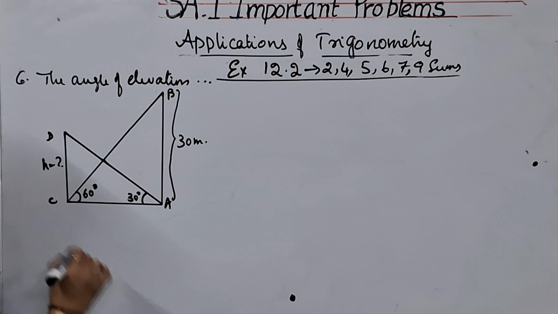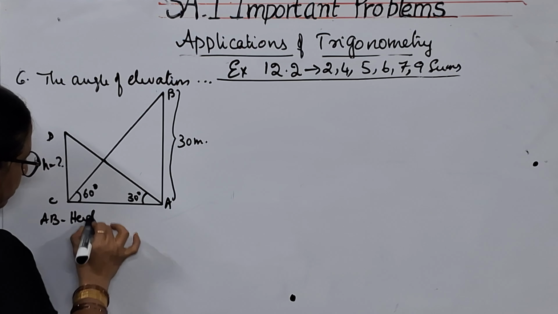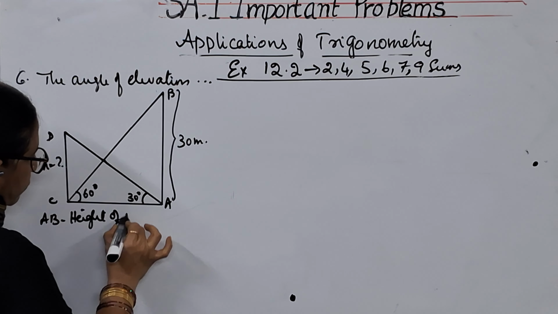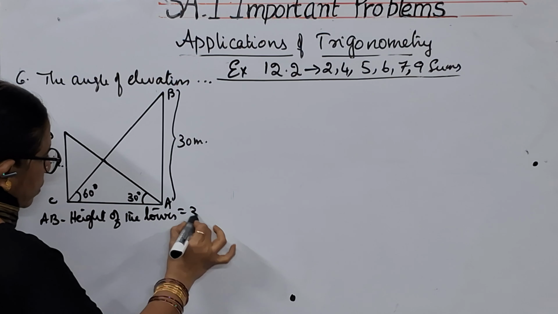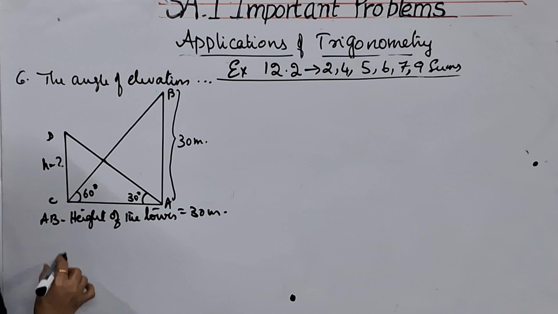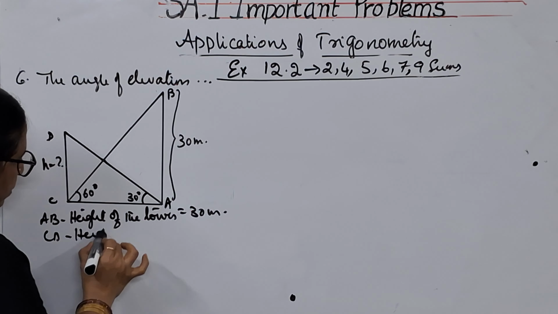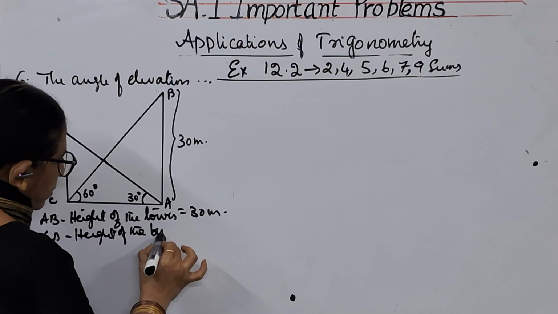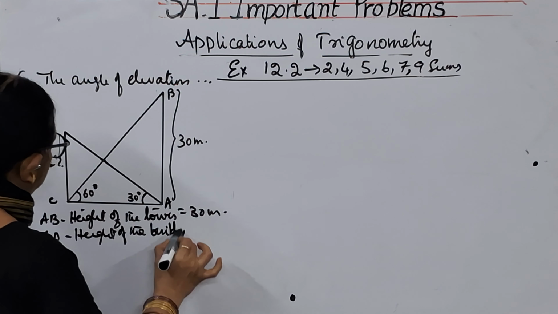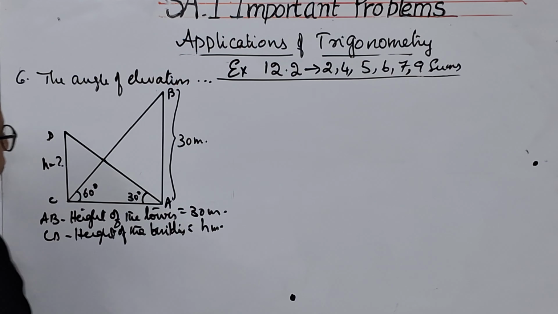This is the question. So what is AB, children? AB is the height of the tower, 30 meters, and CD is the height of the building, H meters, we don't know.